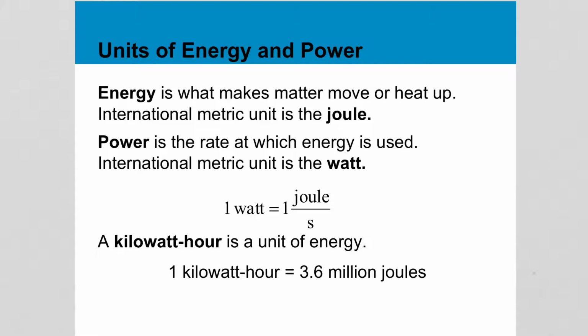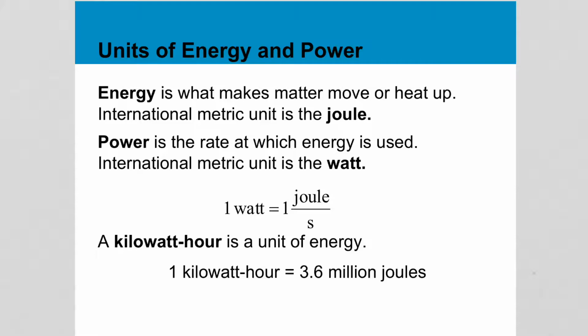So energy is what makes the matter move or heat up, and power is the rate with which it's made to move or heat up, okay? And the international metric unit for power is the watt. 1 watt is equivalent to 1 joule per second.